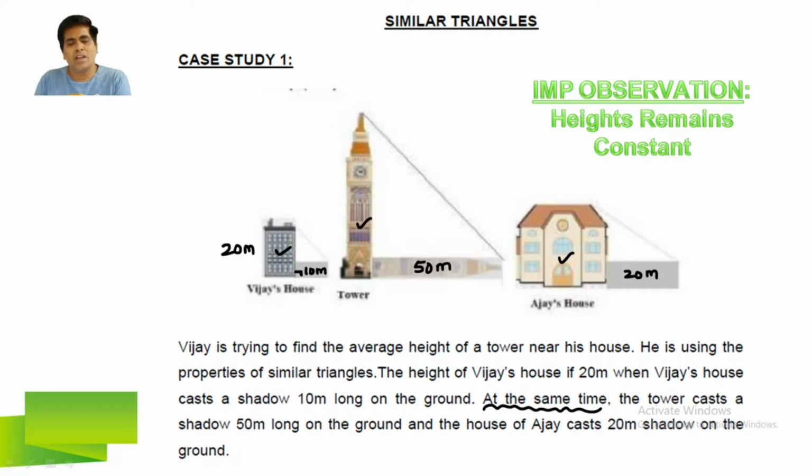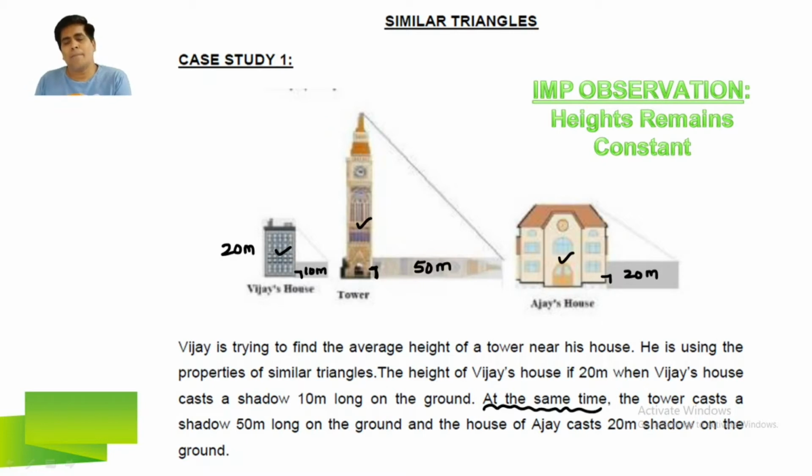So here it is 90 degrees. The tower also makes 90 degrees. Here also it makes 90 degrees. On the ground, the height of the house or tower, whatever it may be, makes 90 degrees. So in each and every triangle, we have 90, 90, 90 in these three triangles.